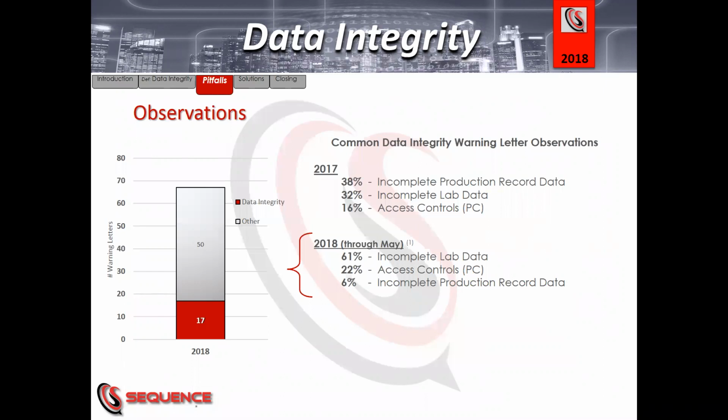While it is laboratory data, it is analytical data, it may be from in-process checks. So when you hear people saying, well, it's all in the labs, sometimes in-process checks are predominantly on the production floor. So those on the production floor should also be concerned about their data integrity.